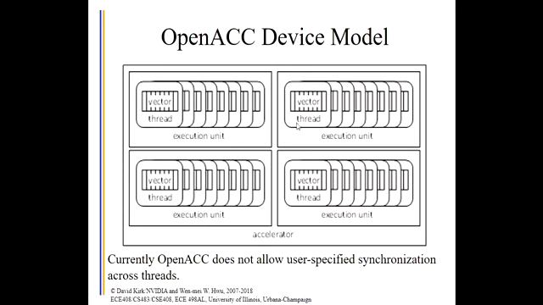And then every execution unit could have multiple threads. These are the threads in the CPU or the CUDA threads in the GPU, right? So you can think about an execution unit roughly as thread blocks running on the streaming multiprocessors.